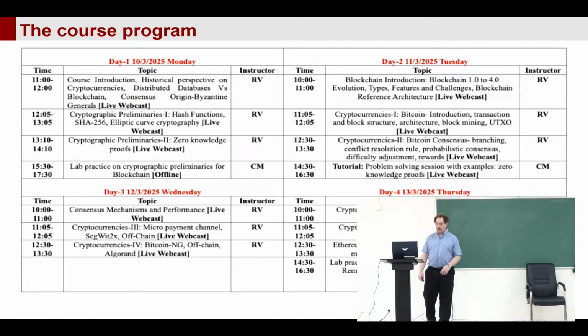Topic number 4 would be an overview of the blockchain technology, its evolution, types, features, benefits, challenges, the architecture of blockchain and what it means for different systems and applications. Then we'll finally take a deeper technical dive into Bitcoin.